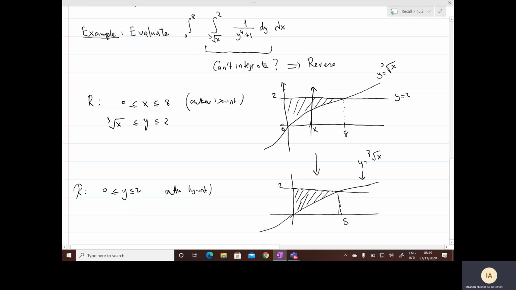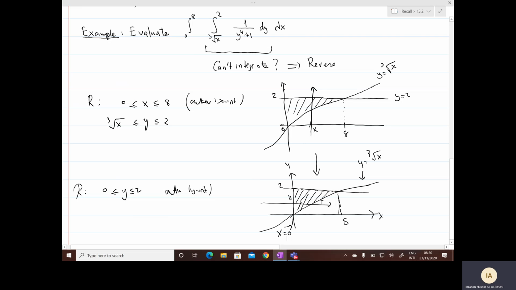Then I need to take left and right. So I take a horizontal line. I need x, at a certain y. I need to know what is the left and what is the right curve. I am entering through the y-axis. The graph of the y-axis is x equal to 0. This is the left curve.